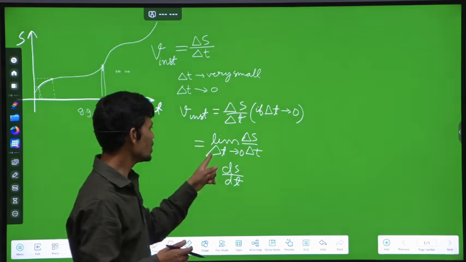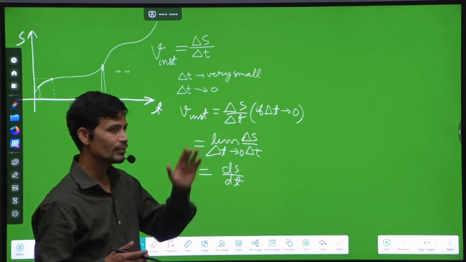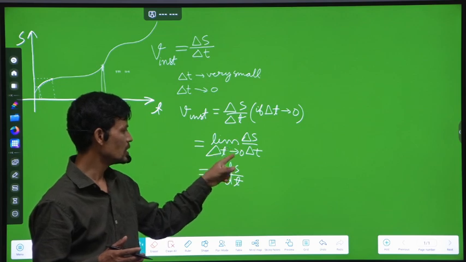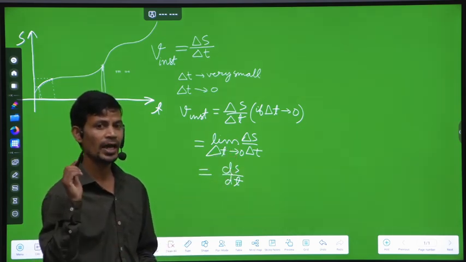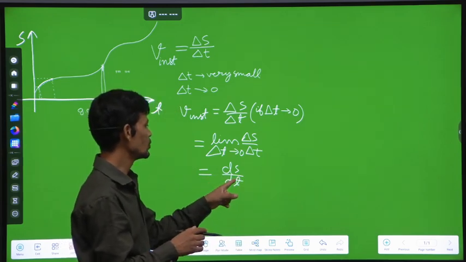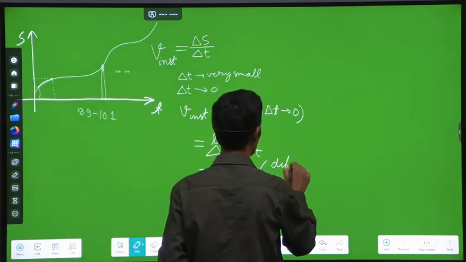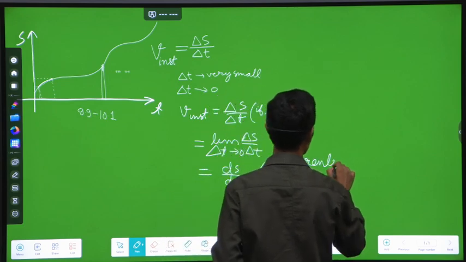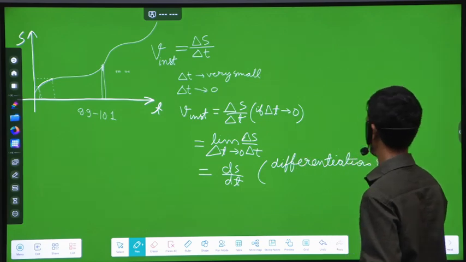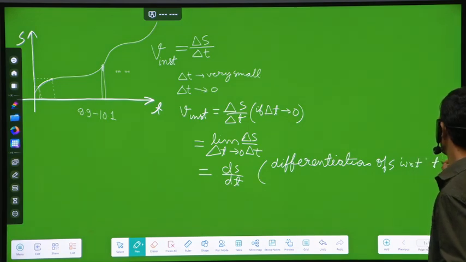But limit delta t tends to 0, delta s by delta t means delta t is approaching 0. It is vanishingly small. And now we are not using that ordinary division. We are using this thing, which is called differentiation of s with respect to t.